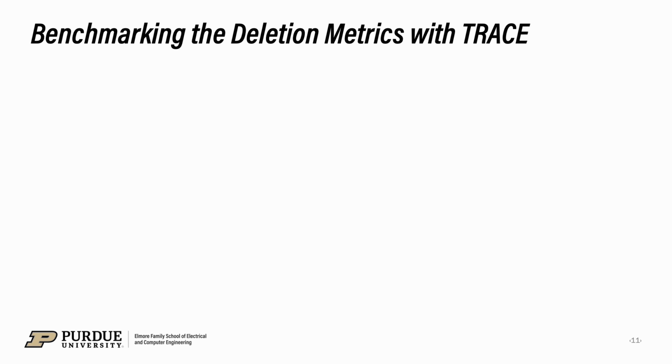Another important issue of deletion metrics is the out-of-distribution problem. It refers to the phenomenon that deleting a small portion of features changes the prediction greatly by breaking the original distribution of the input instead of by removing important features. Therefore, it's hard to tell if the prediction drop is due to the break of distribution or due to the removal of really informative features.